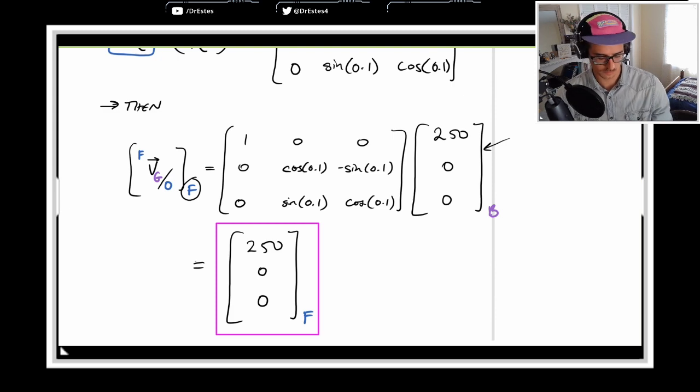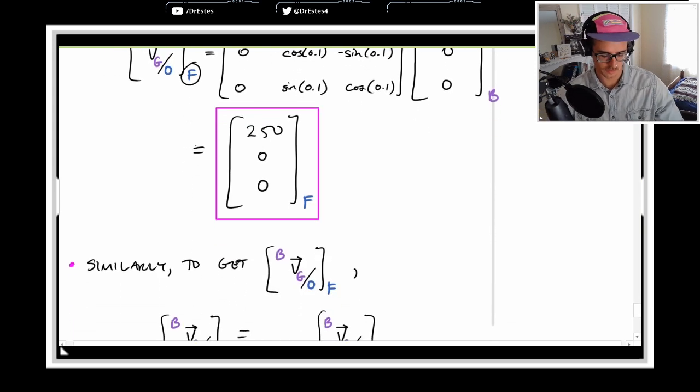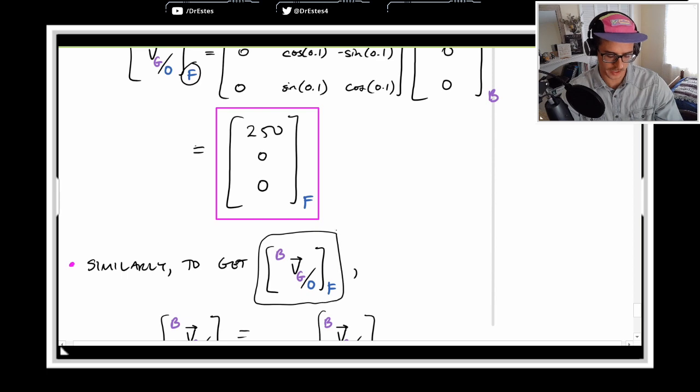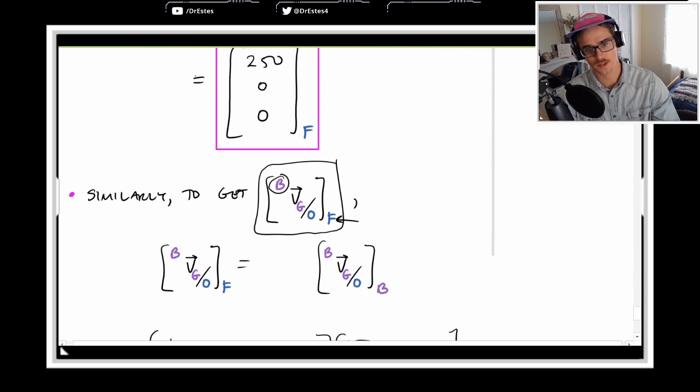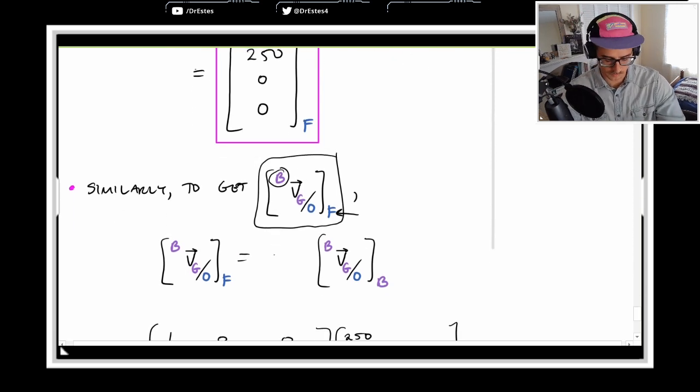Okay, the last thing we're going to calculate, this is like our fourth case. This is the time derivative with respect to the B frame, but ultimately we write it in components of the F frame. So same deal.